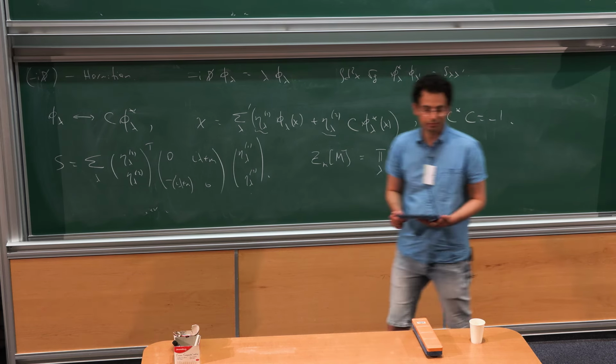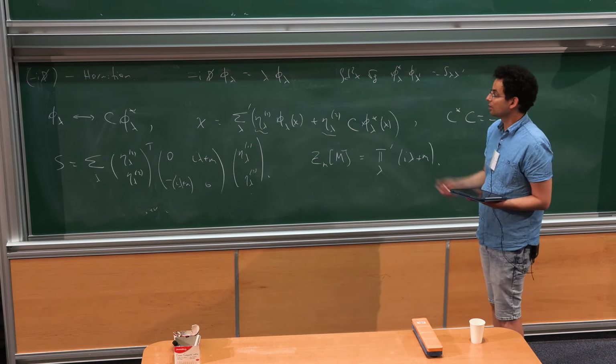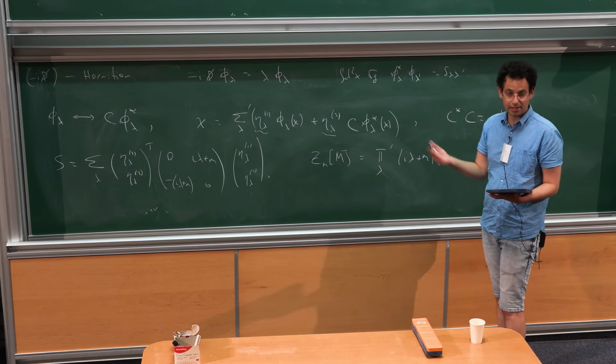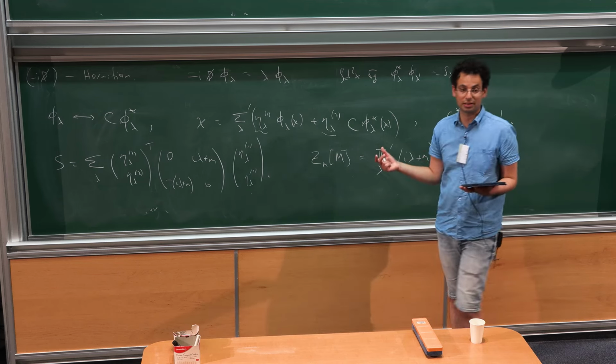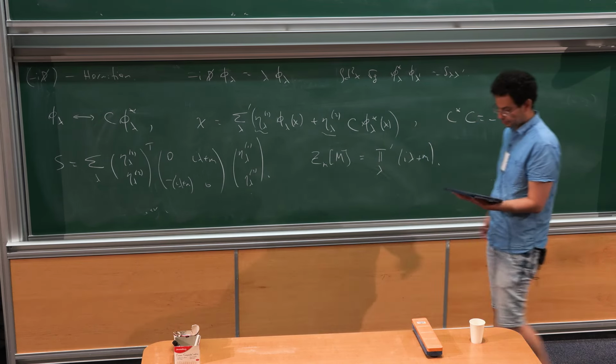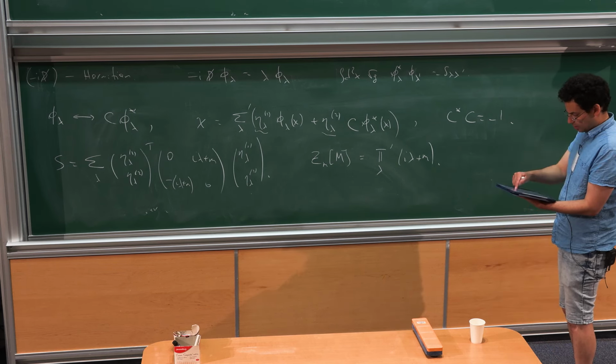So are all the lambdas non-zero? No, they can be zero. Actually, yeah, they can be zero. We'll see in a second that the zero eigenvalues actually play a very important role. Right.